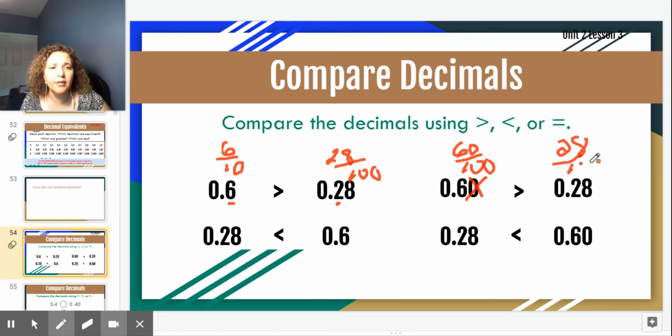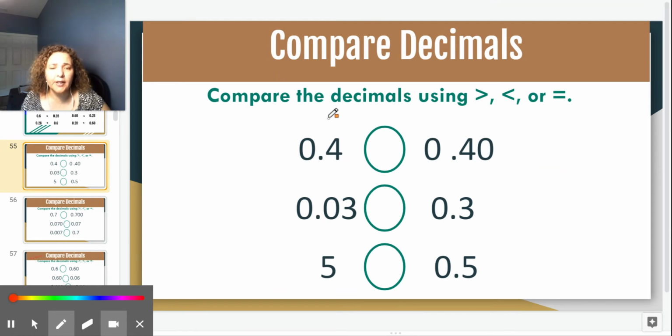Well, obviously 60 over 100 is more than 28 out of 100, okay? And again, it doesn't matter. It's still the 6 tenths that is bigger than 28 hundredths. And again, if I write it the opposite way, it still doesn't matter. It's still 6 tenths versus 28 hundredths. So the same thing. All right.